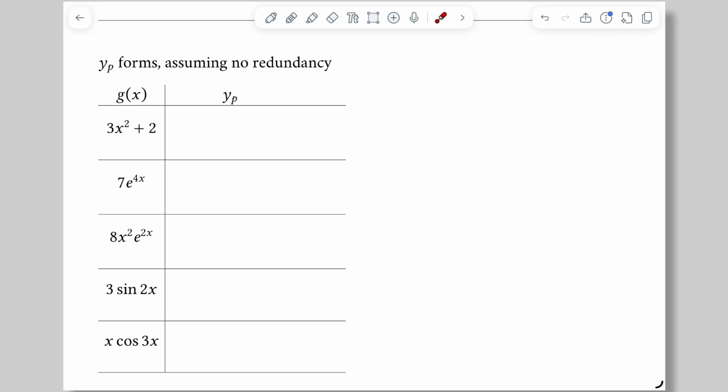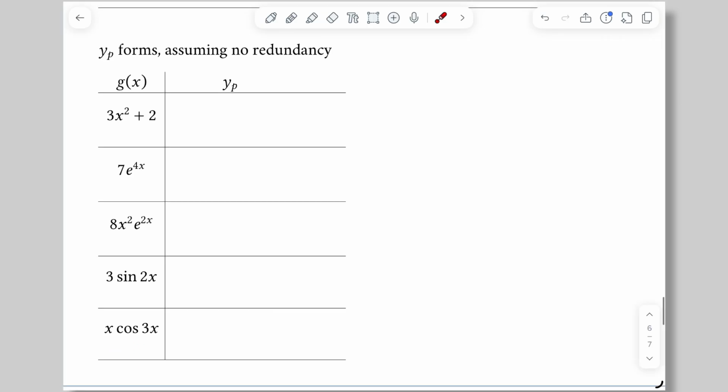We have various input functions or forcing functions: 3x squared plus 2, 7e to the 4x, 8x squared e to the 2x, 3 sine of 2x, and x cosine of 3x. What I'd like you to do is, using the information that I've given you, write down what you think is the form for y sub p for each of these input functions, and then come back and see how well you did.